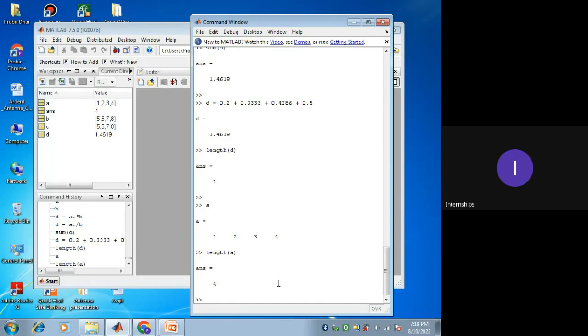Very few commands I have already explained right now. And now I will ask you to find out the average of 5 given numbers.